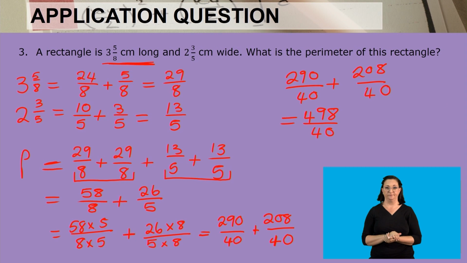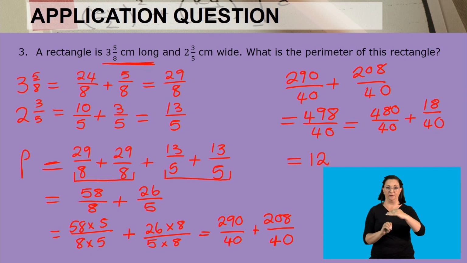And because that is an improper fraction, because the numerator is bigger than the denominator, we are going to need to simplify it. So when we simplify that, that becomes 480 divided by 40 plus 18 divided by 40. When we simplify that, 480 divided by 40 is 12.